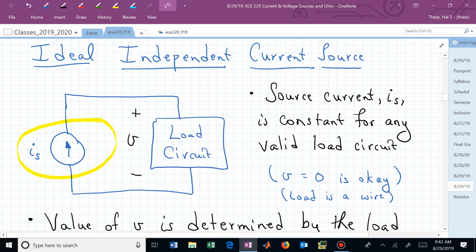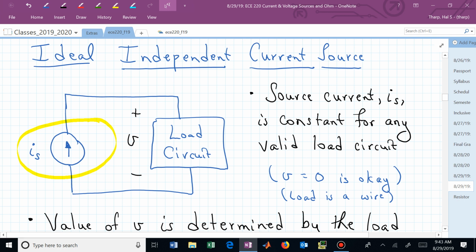In an ideal independent current source, again, think circle. That's a circle with now an arrow through it. And the value of that ideal source is I sub S. That source current I sub S is constant for any load that we connect to that source. That's the ideal independent current source.